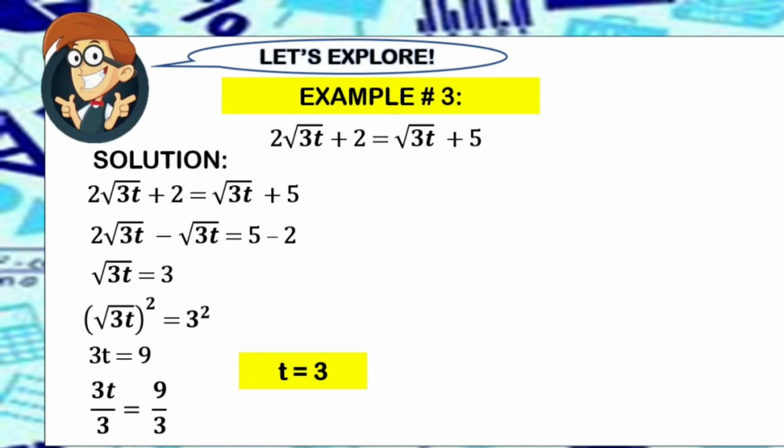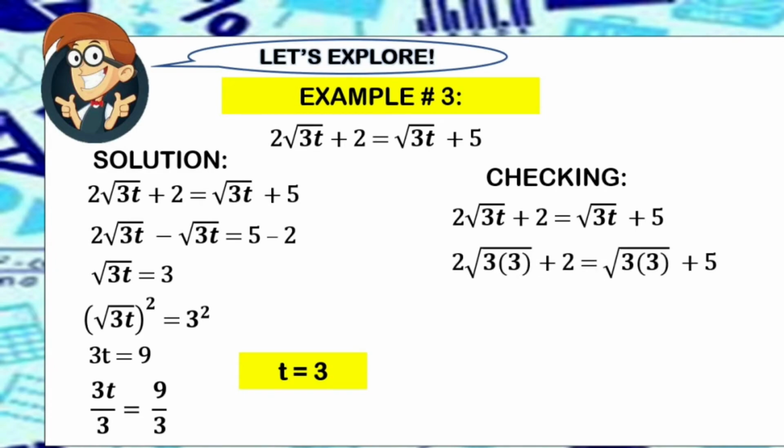To check our solution, we substitute the value of t into the original equation. Substituting the value of t, we have 2 plus square root of 3 times 3 is equal to square root of 3 times 3 added to 5.